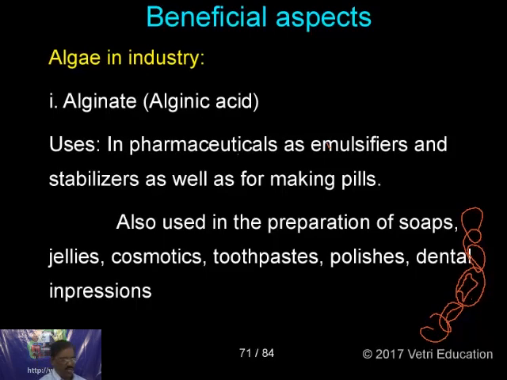If you go to a dental doctor, if you lost any teeth, they take the impressions with the help of this alginate or alginic acid powder only. So this is also used to take the dental impressions.